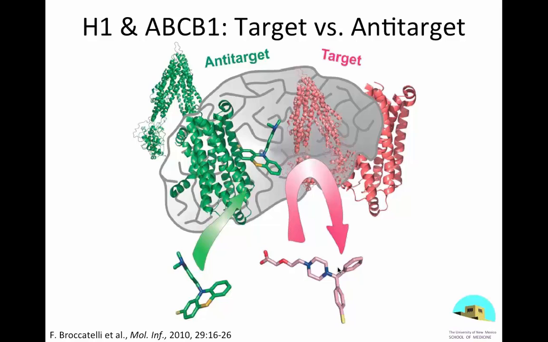ABCB1 in the brain is a drug target for the antihistamine drugs, because without it, they would be less effective. And in fact, what you see is that if you overdose even the second generation antihistamines, you saturate the pump and you will still get the side effect. So you pretty much get the same.